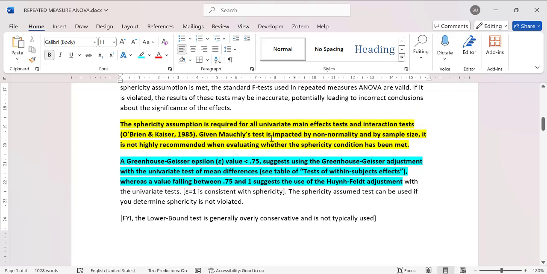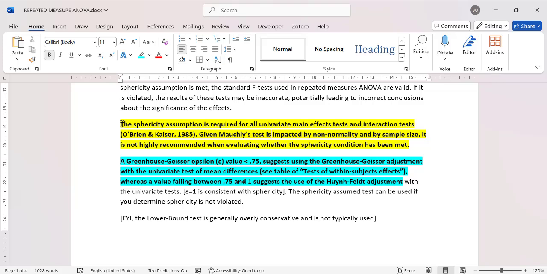Basically, in summary, when you are interpreting the multivariate output from SPSS, the multivariate test is very robust, so it can accommodate the requirement for sphericity being violated.